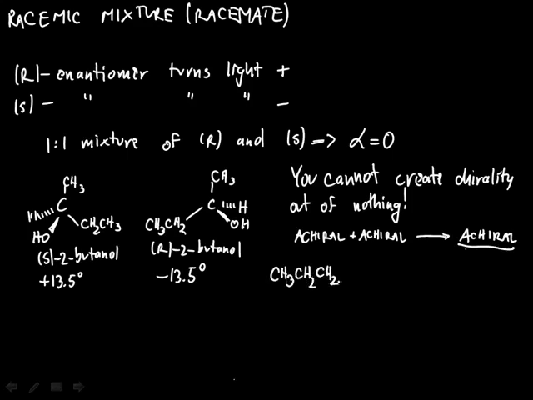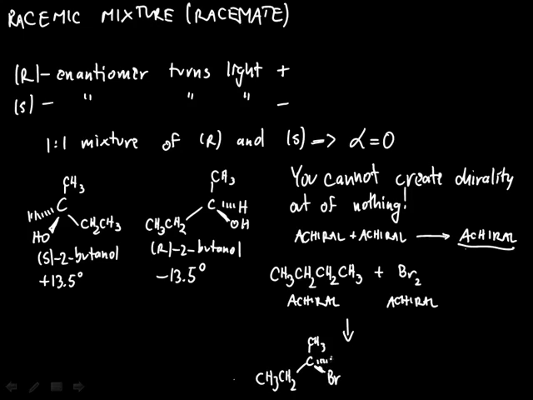And so if we have simple bromination of butane, we start with butane, which is achiral, and bromine, which is achiral as well. And while we do introduce a chiral center, and if you remember the bromination of butane, we get exclusively the secondary product.